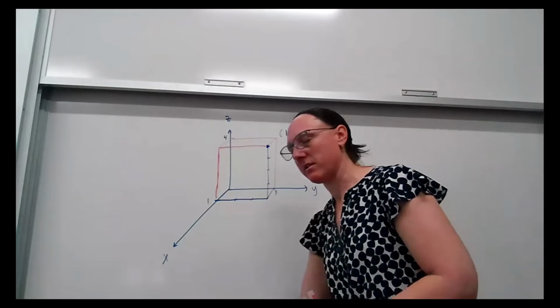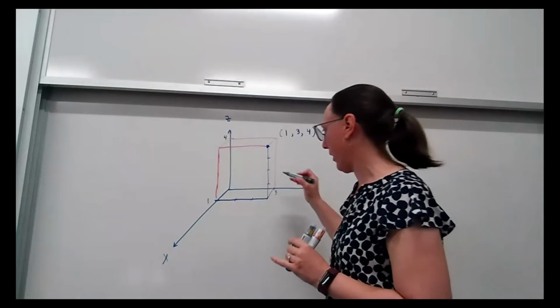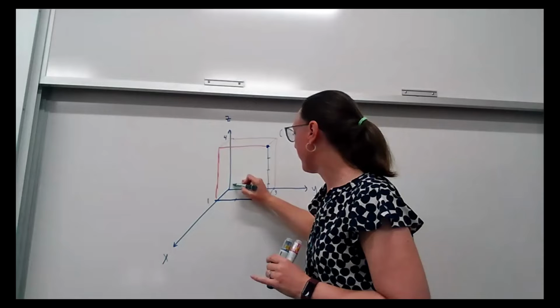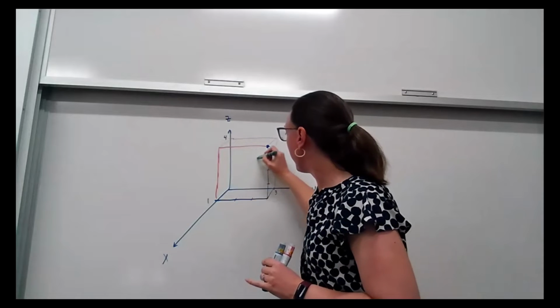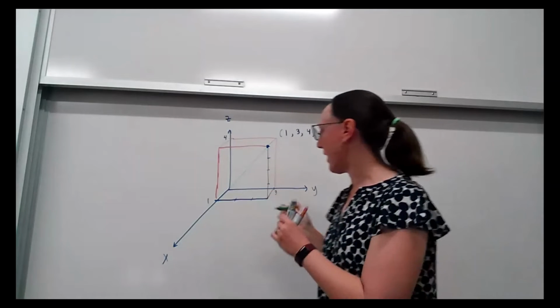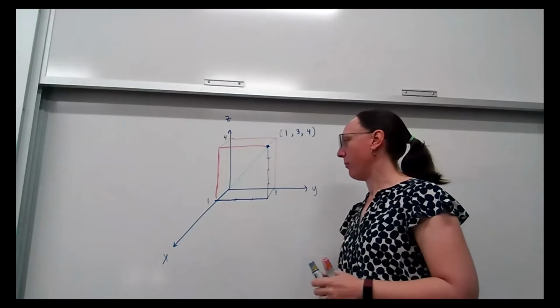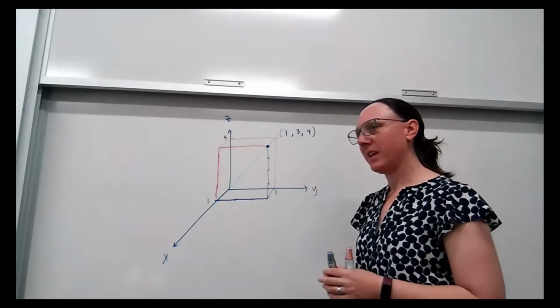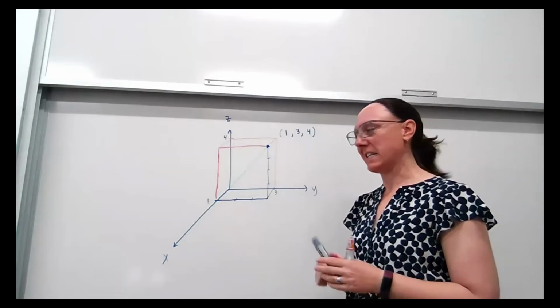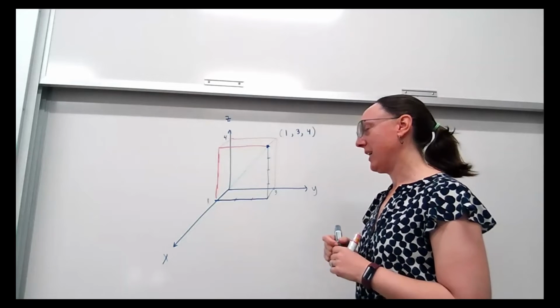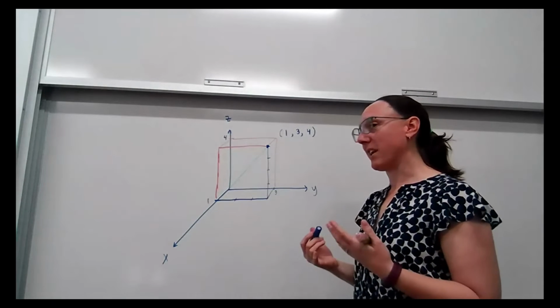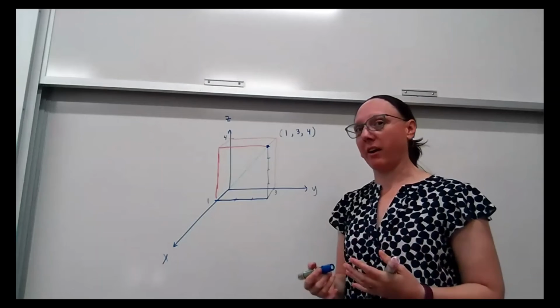So the geometry is a little wonky here, but that's the straight line distance I am looking for. And I'm going to find that distance by building myself a new right triangle.